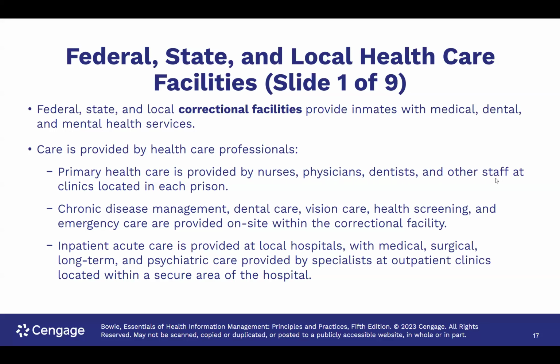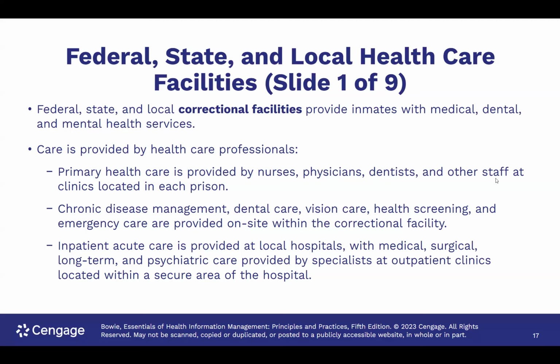Another growing area for health information management professionals is correctional facilities. These are jails, prisons, and under state and federal law, they're obligated to provide inmates with medical, dental, and mental health services. And these types of services are provided by licensed medical professionals, just as they would be in the non-correctional setting.